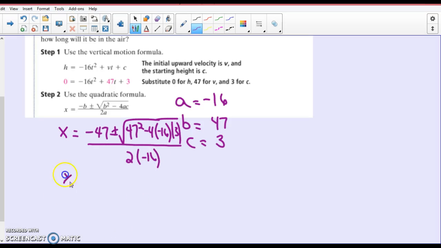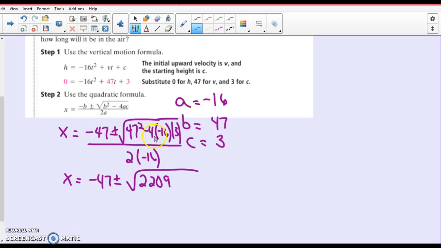Now, let's clean this up. Negative 47 plus or minus. If I use my calculator here, 47 squared is 2,209. Is this second value going to be plus or minus?